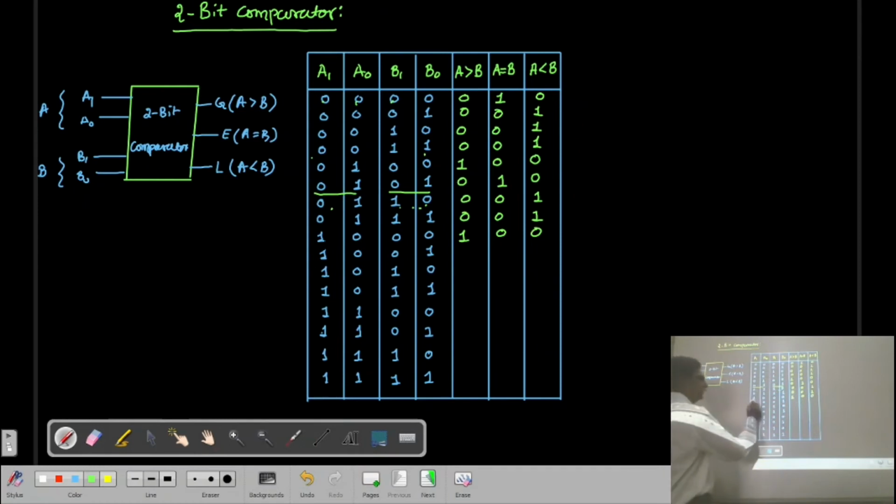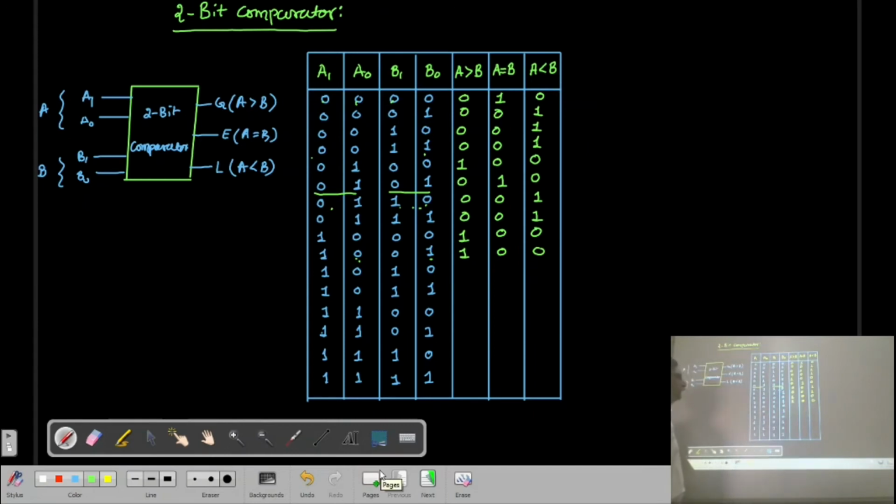The next one, 1 0 and 0 1. So 1 0 is greater than 0 1. So A is greater than B, 1 0 0.